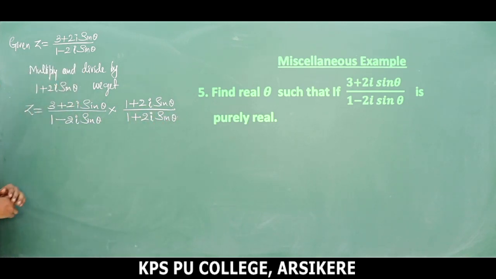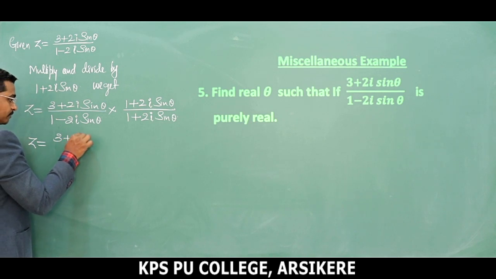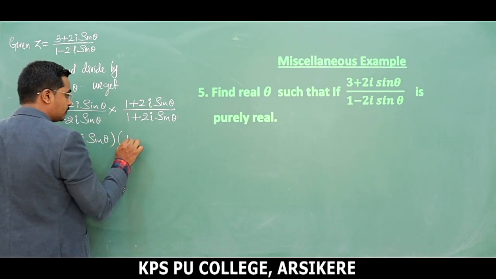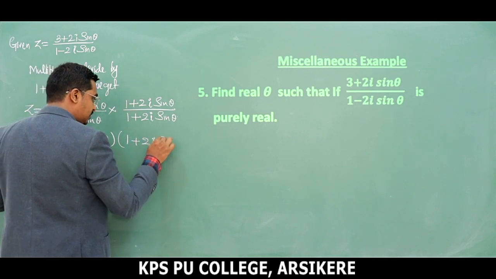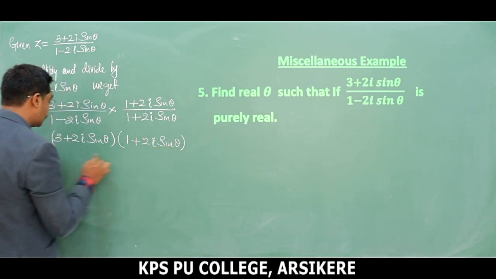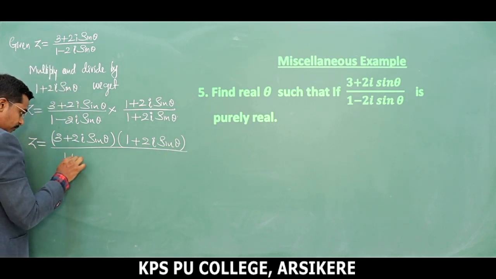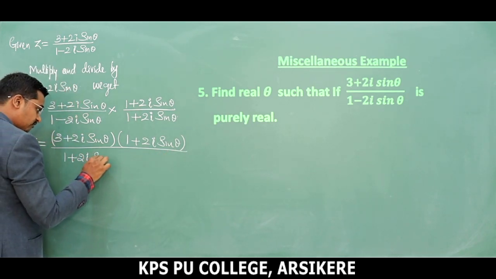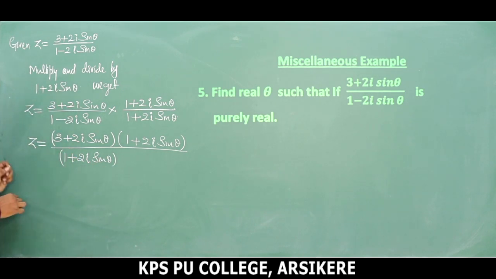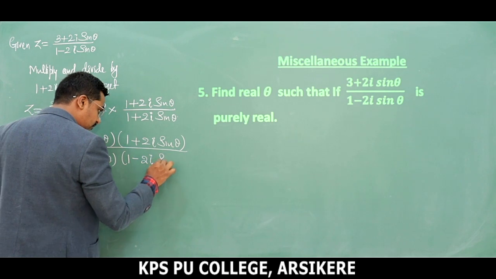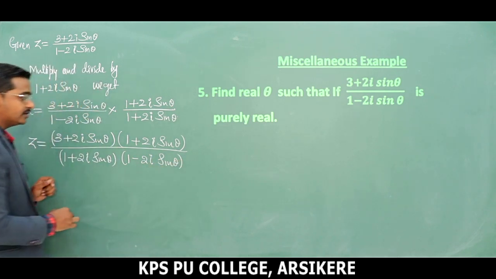Next step is simplification. Multiply numerator and denominator. So here we are left with (3 plus 2i sin theta) into (1 plus 2i sin theta) whole divided by, first I will write (1 plus 2i sin theta) for convenience, (1 plus 2i sin theta) into (1 minus 2i sin theta), I will write.